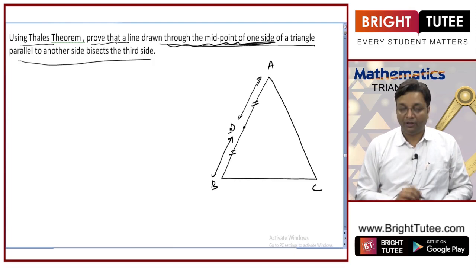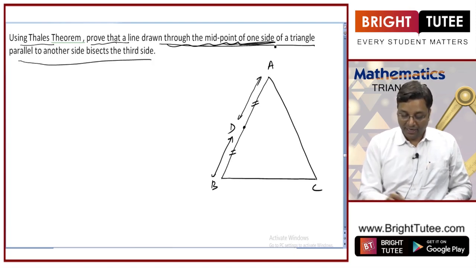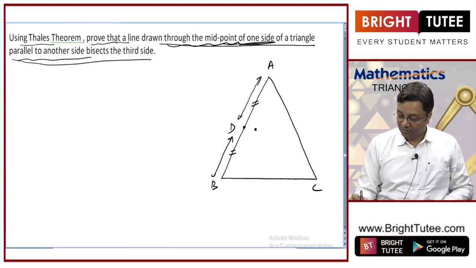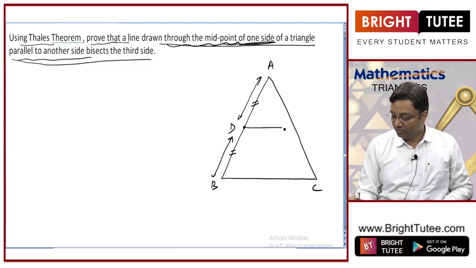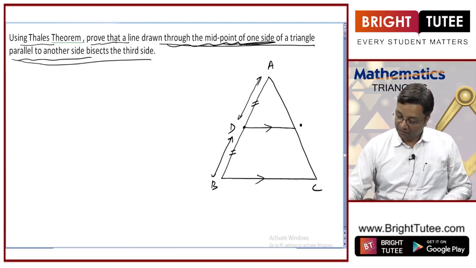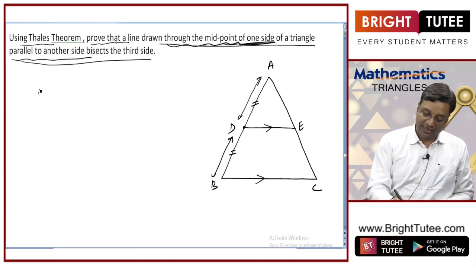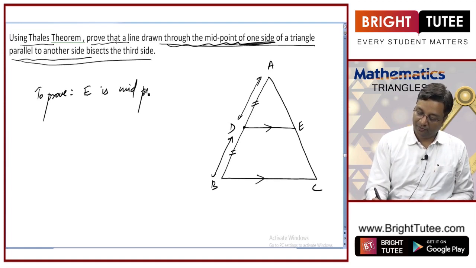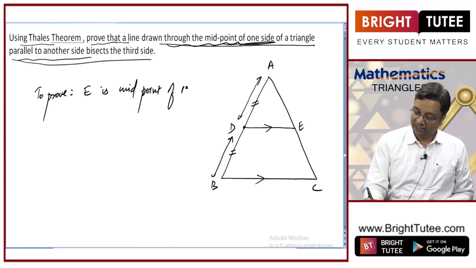So D is the midpoint of AB, and parallel to another side. So we will draw a line parallel to BC. Now if I take it as E, then I need to prove that E is the midpoint of AC, that is AE is equal to EC.